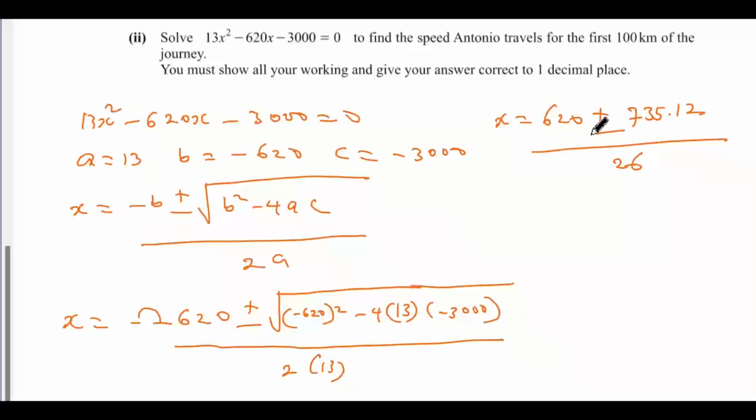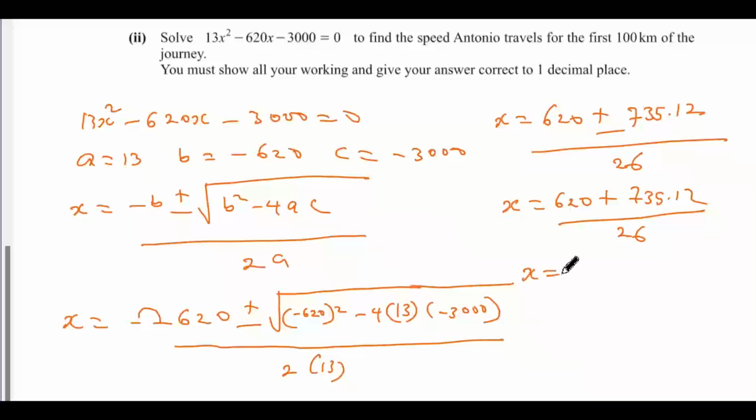So a speed can either be greater than or equals to 0. For that reason, we're going to neglect the one of subtraction. So we just take x to be equals to 620 add 735.12 over 26. We're going to neglect the minus. We don't need to do that because it will give us a negative speed.